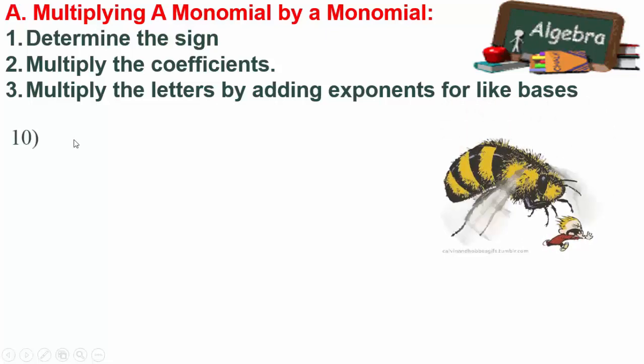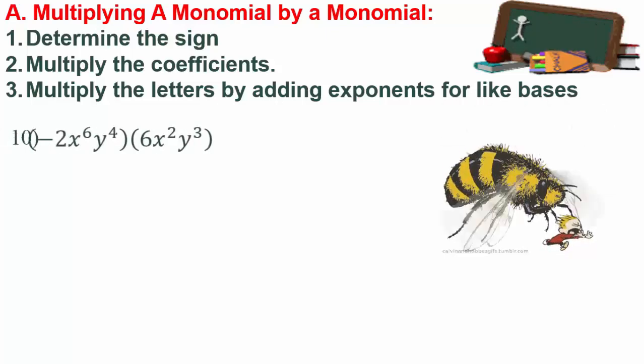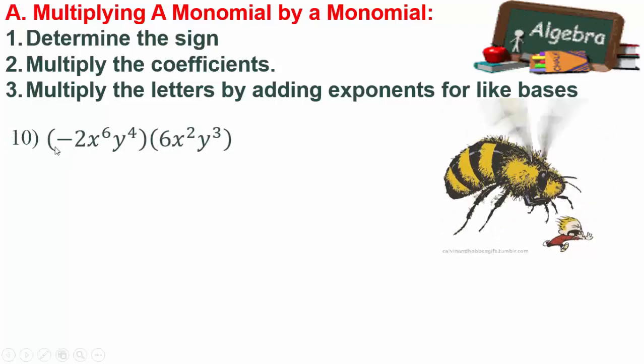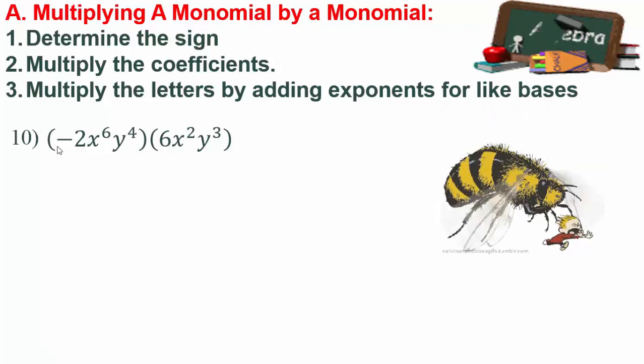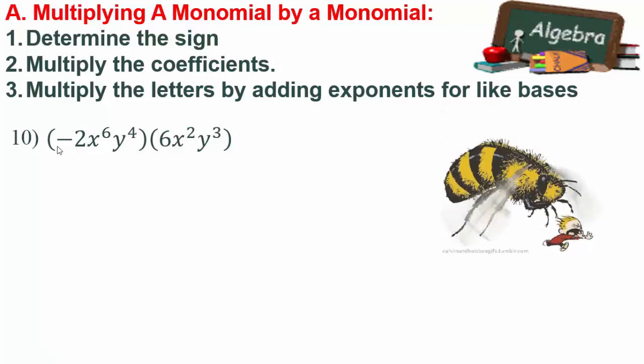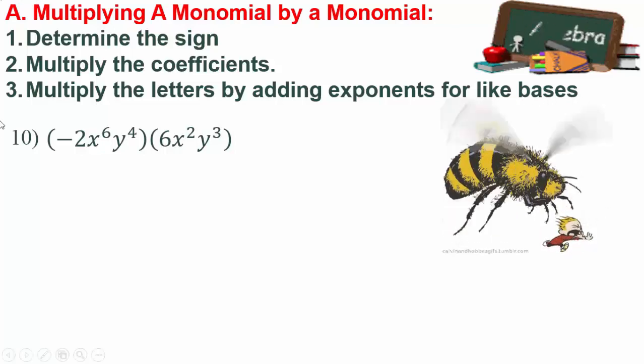So let's look at example number 10. So here we have this particular problem. So why don't we work this out on the whiteboard and see how this is done in detail using these rules.